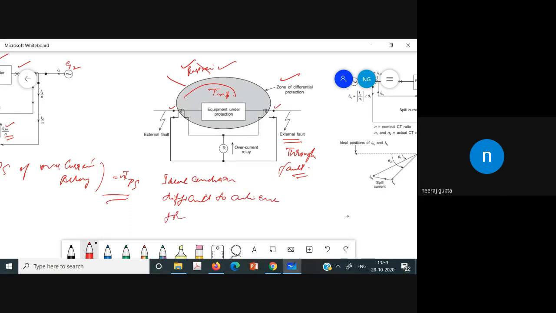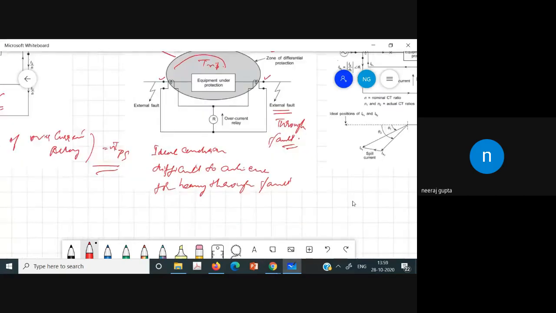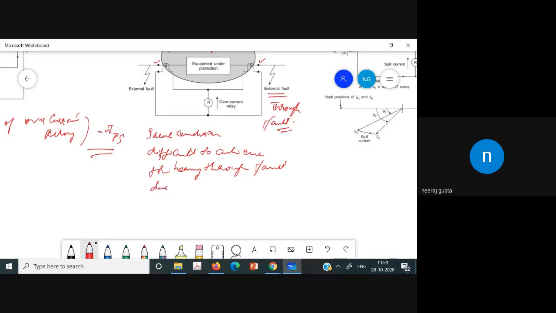It is difficult to achieve for a heavy through fault, due to the non-ideal nature of various components involved.